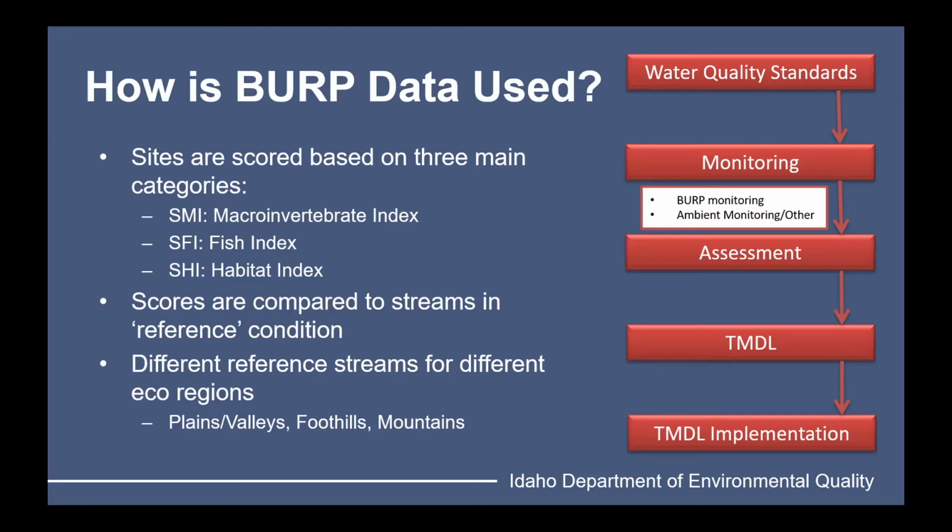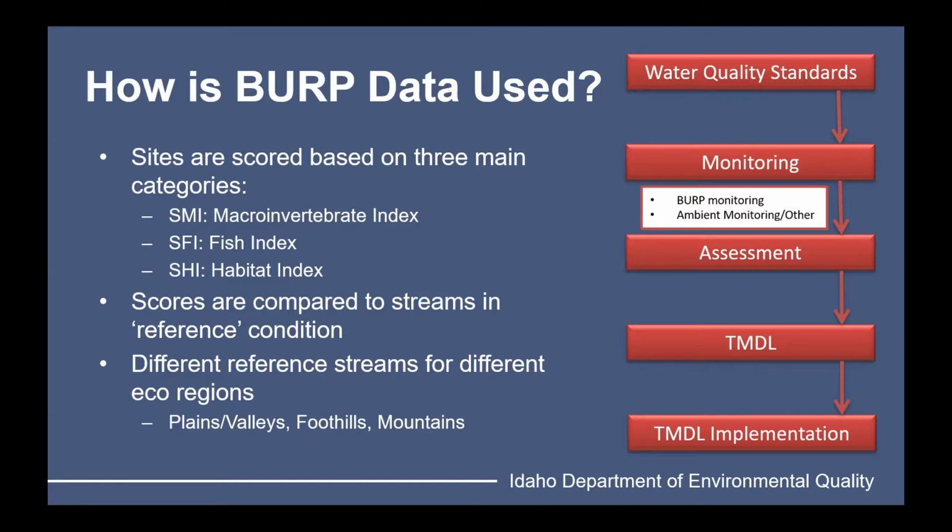So overall, this BURP data is part of our ambient monitoring program. And we also have some other monitoring in support of the state office, as well as bacteria surveillance for E. coli, which can be a simple grab sample, or a geomean, which is 5 samples collected across a designated period of time. So all of this data is our internal data, and that goes into our assessments.